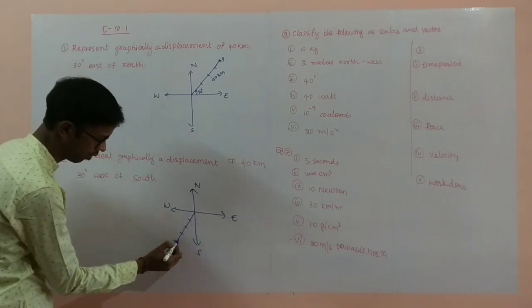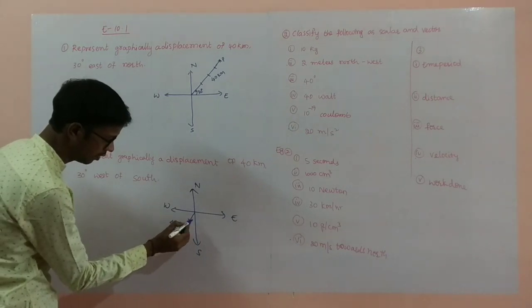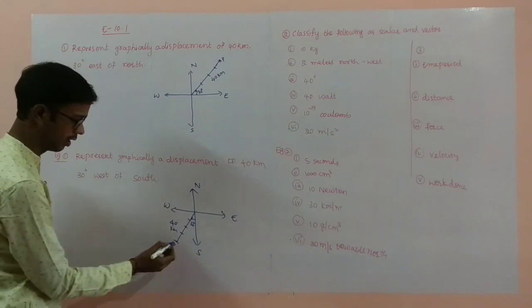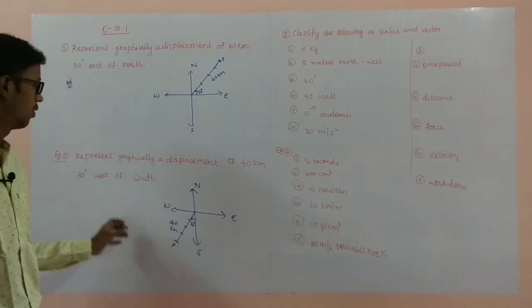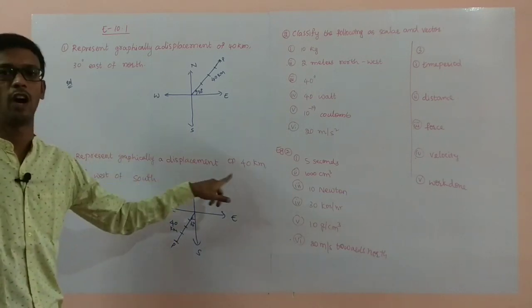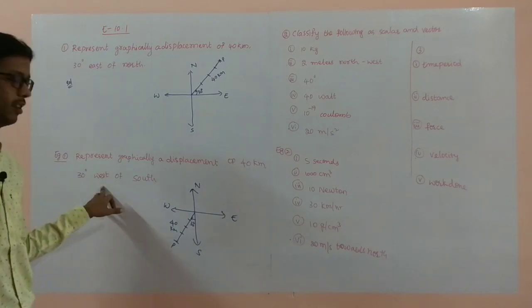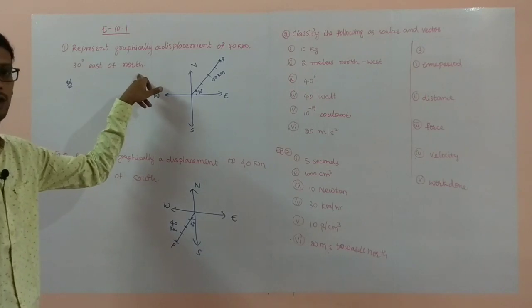So 40 kilometers, and the angle is 30 degrees. So this is a representation of displacement: 40 kilometers and 30 degrees with respect to the sides. West of south. The earlier one was east of north.